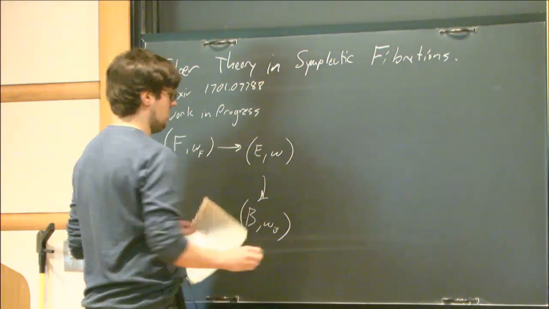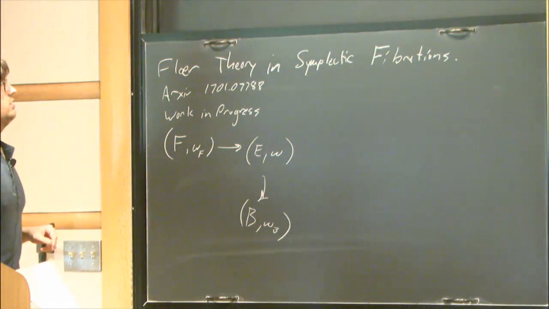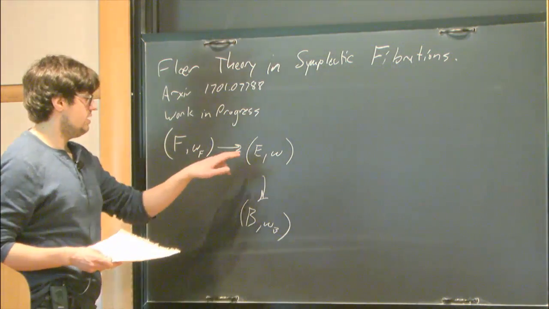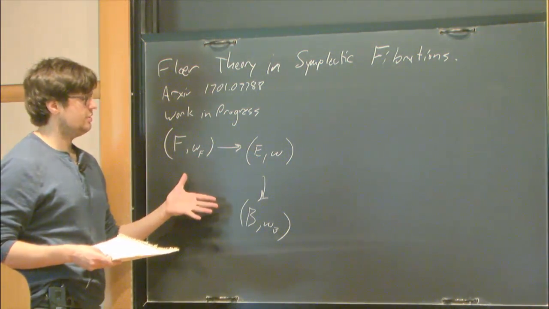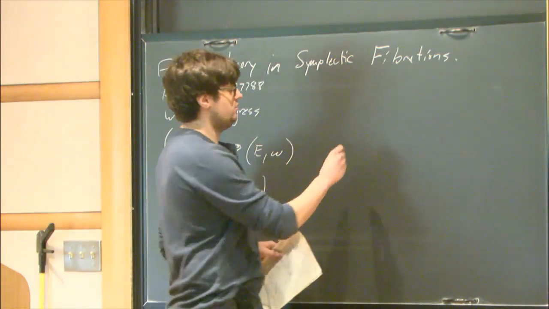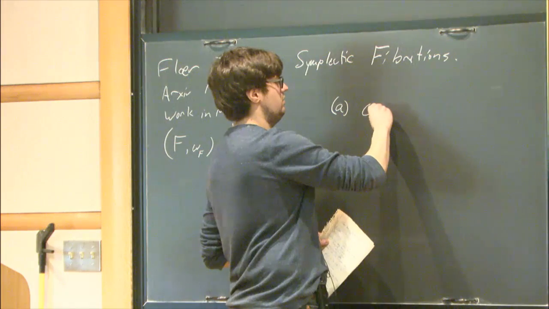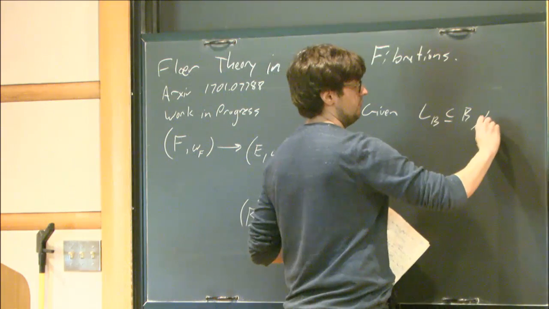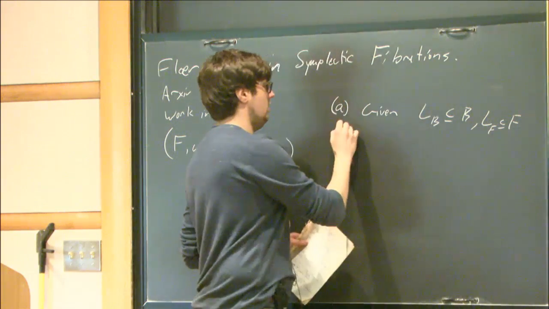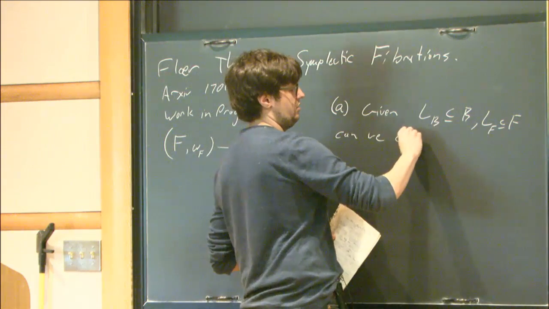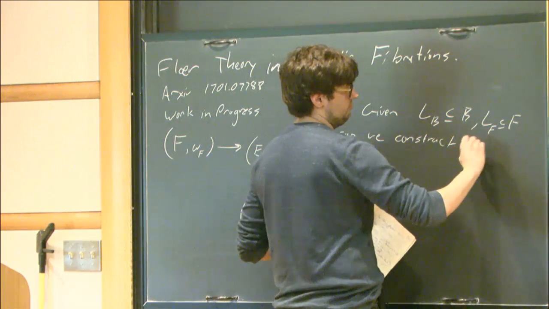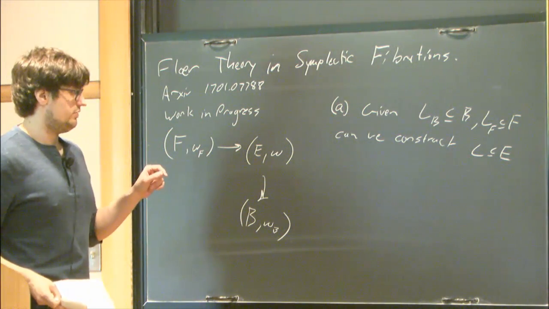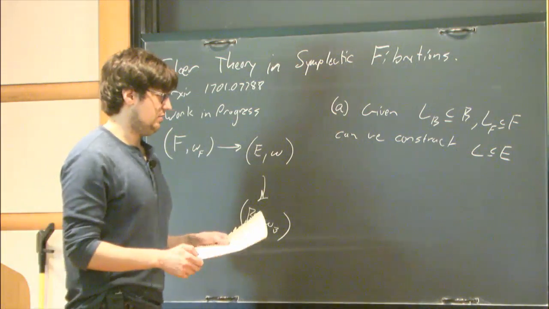Then what you want to do is Floer theory in E, and have it depend on something along the lines of B and F. Given some Lagrangian in B and some Lagrangian in F, can we construct L in E, which fibers over L_B with fibers L_F? Okay, so that's kind of a general thing.